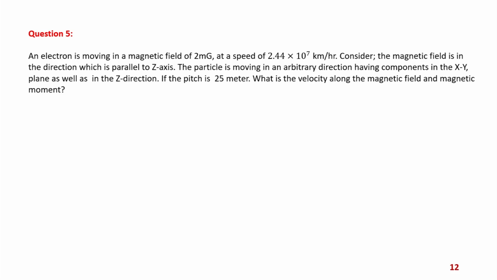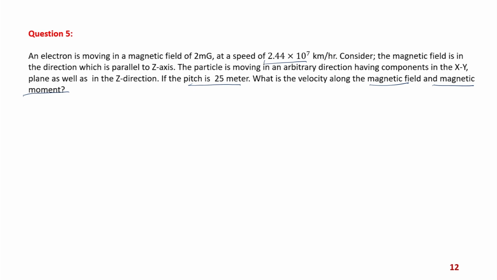It is said that if the pitch is 25 meter, what is the velocity along the magnetic field and the magnetic moment. So, we have to find both the parallel and the perpendicular components.